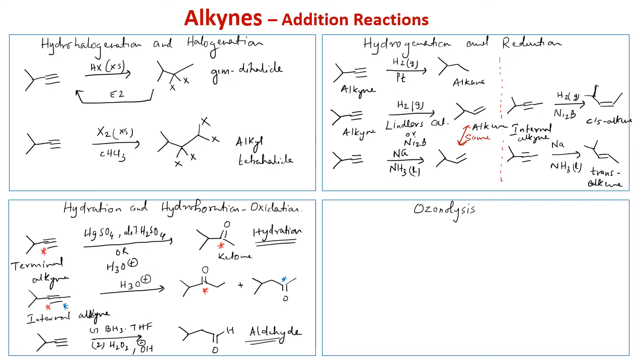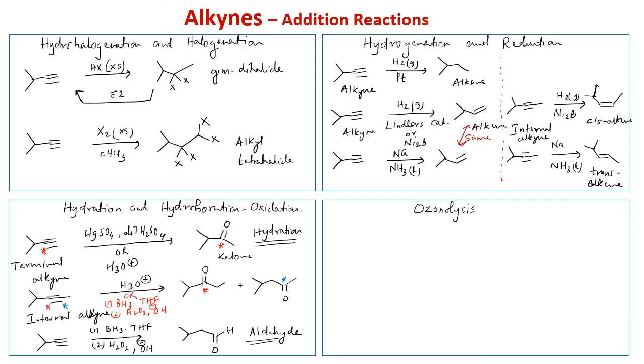Now, if you do a hydroboration oxidation on an internal alkyne, you will again get ketones. So for this internal alkyne, whether you did the hydration, or you do 1. BH3·THF and then 2. H2O2 with hydroxide, your products are going to be the same.